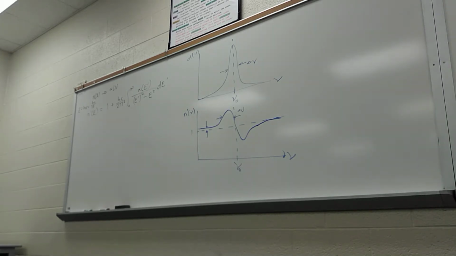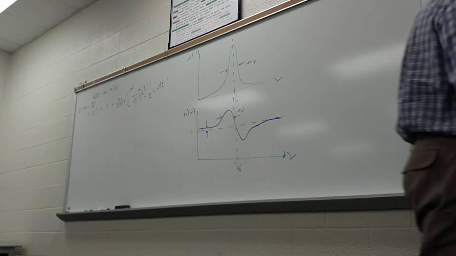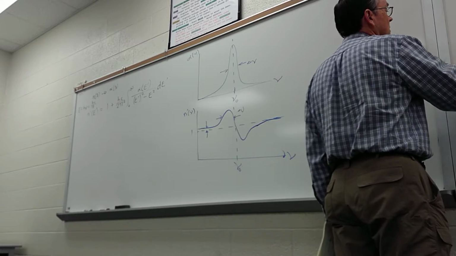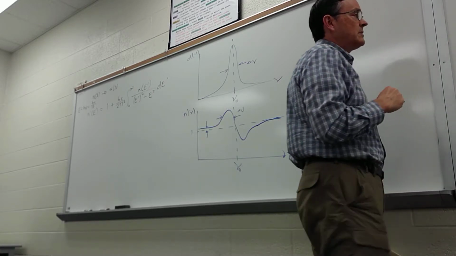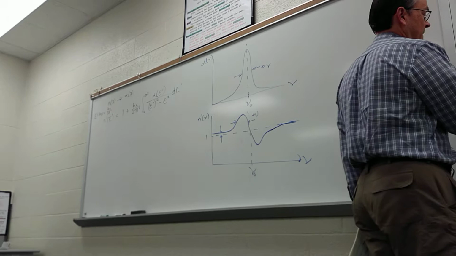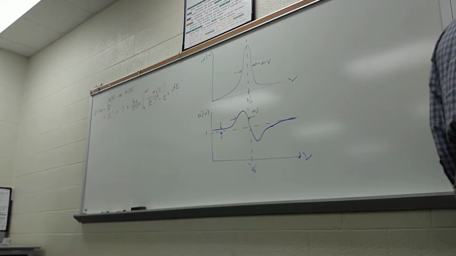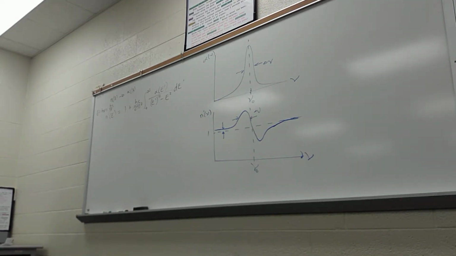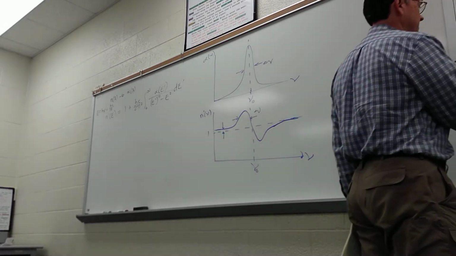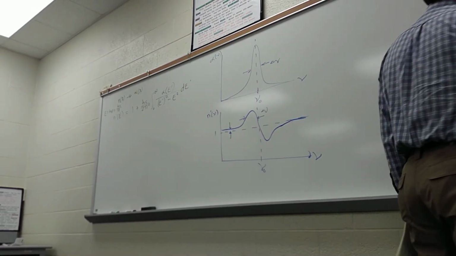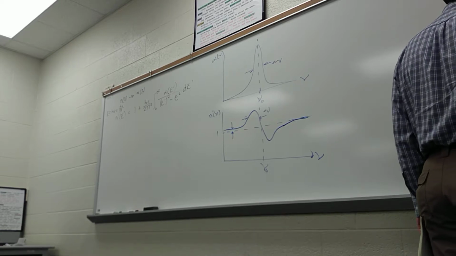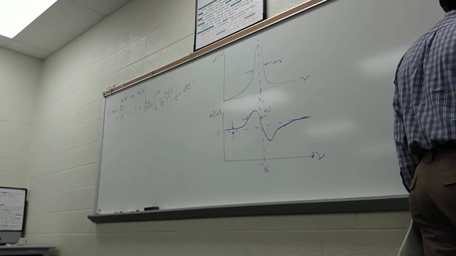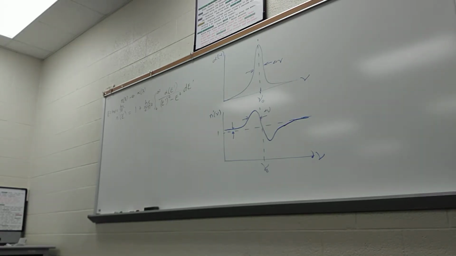What we want to look at is the real part of the refractive index, and let's draw in the value of 1 here. Then let's call these mu1, mu2, and mu3.